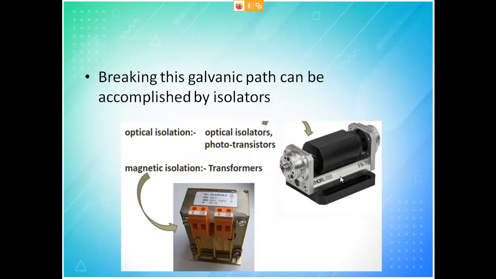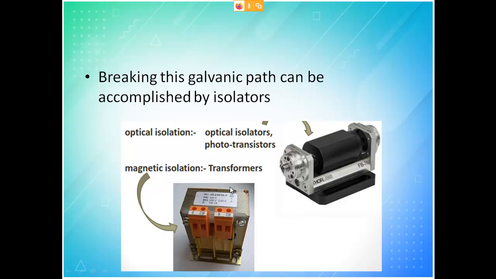For isolation, you have two types. One is optical: when you give an electrical signal, it is converted into a light source and the light is sent. Another is magnetic isolation, where you go for transformers. You give the signal to the primary side and take it from the secondary side.